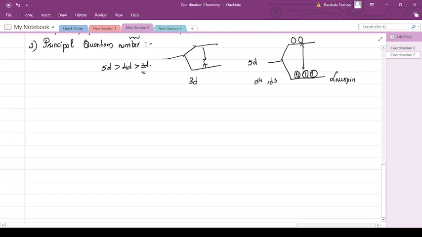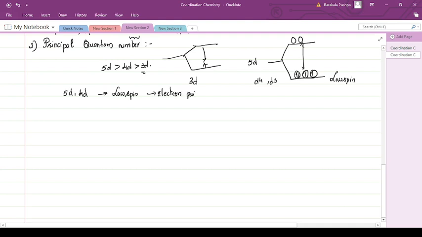The same happens with the 4d series. In the 4d also the magnitude of splitting is very high, so the fourth electron will not enter the eg level because the energy barrier is very high. So it also will pair up. Please remember this important point: most 5d complexes and 4d complexes form only low spin complexes, meaning electron pairing takes place.